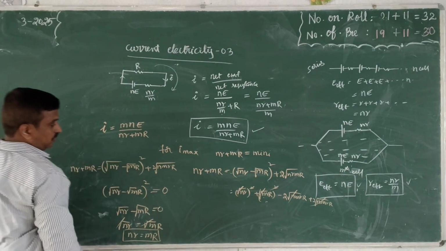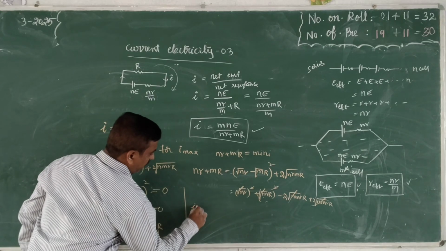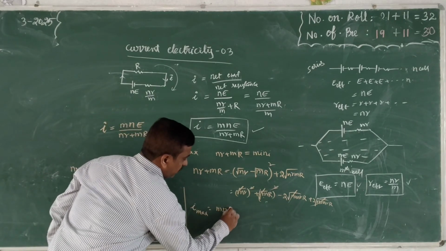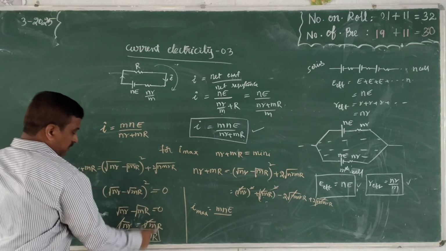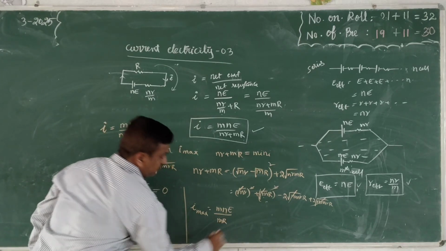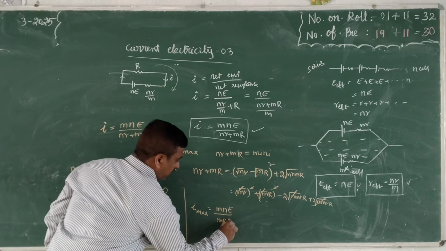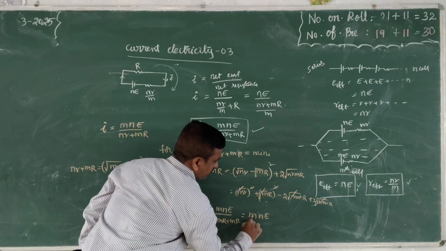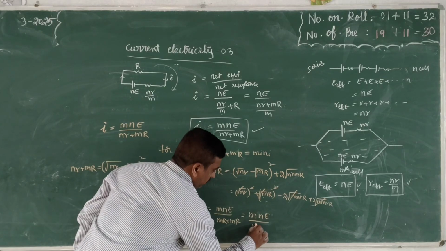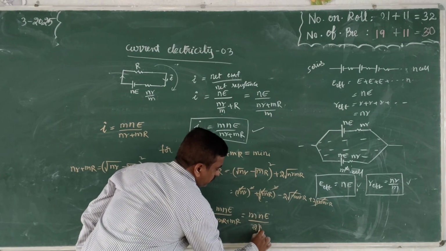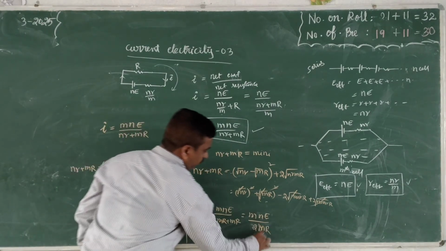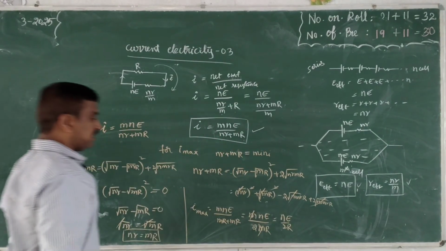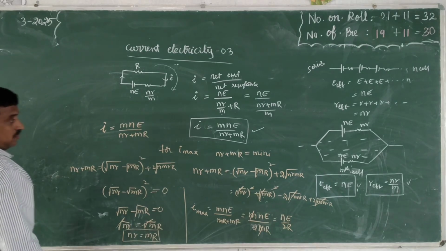Now it is the formula actually. I maximum equal to m n e by n r, where we can write m capital R for n r, so m capital R plus again m R, so we get m n e by 2 m R. See here, m cancels, and we get n e by 2 R. What is the maximum current that passes through the circuit?